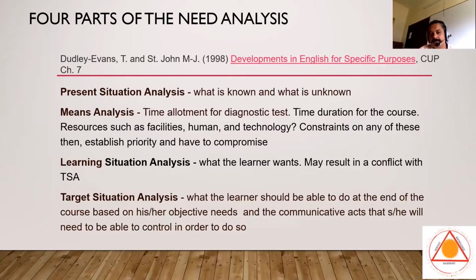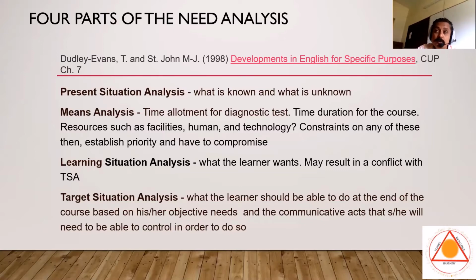Once you know the present condition of your learners, then you try to allocate time for the diagnostic test. Based on the results of the present situation analysis, you try to find out what time you will allot to each and every student.